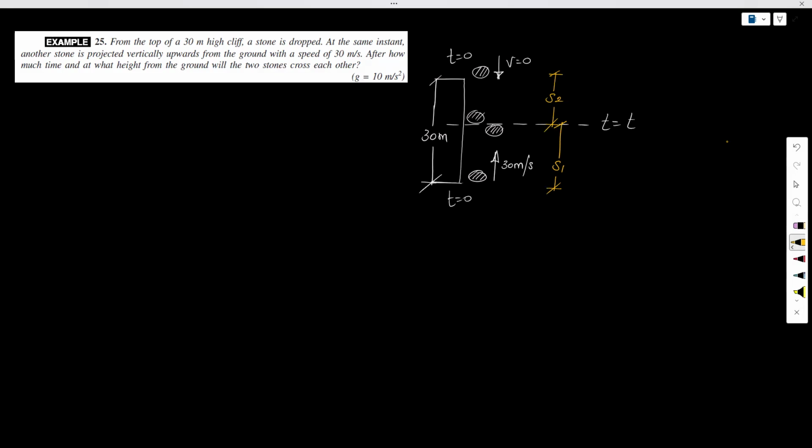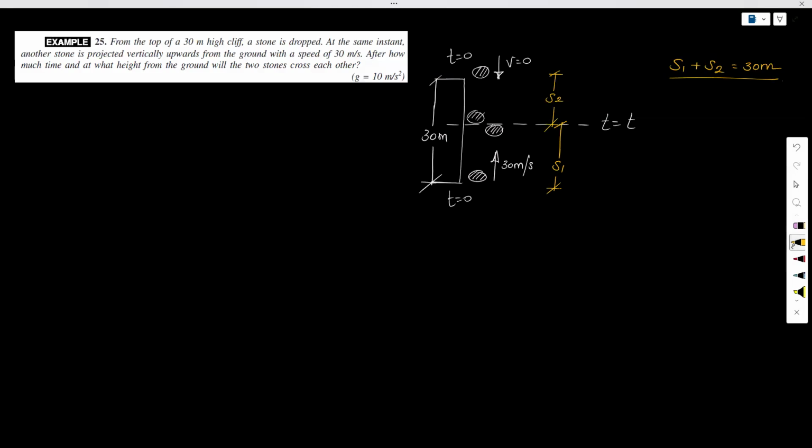Both of them are in motion under gravity, and just by looking at the diagram, which is the reason why you should draw a diagram, we can see that s1 plus s2 is equal to 30 meters.